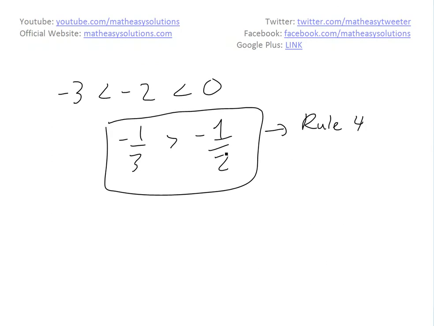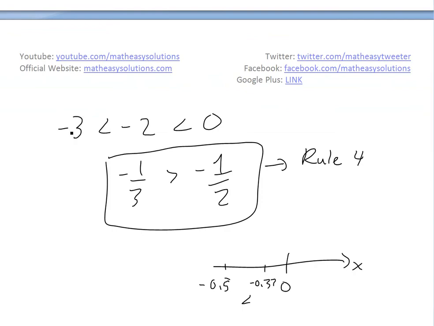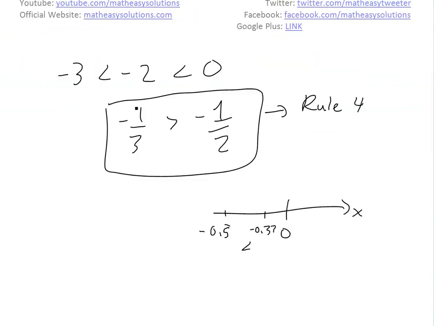This makes sense as well, because on the number line, 0, x, this is going to be, say, negative 0.33 and negative 0.5, and this number is greater than this one. You could also just do the same thing I did before.